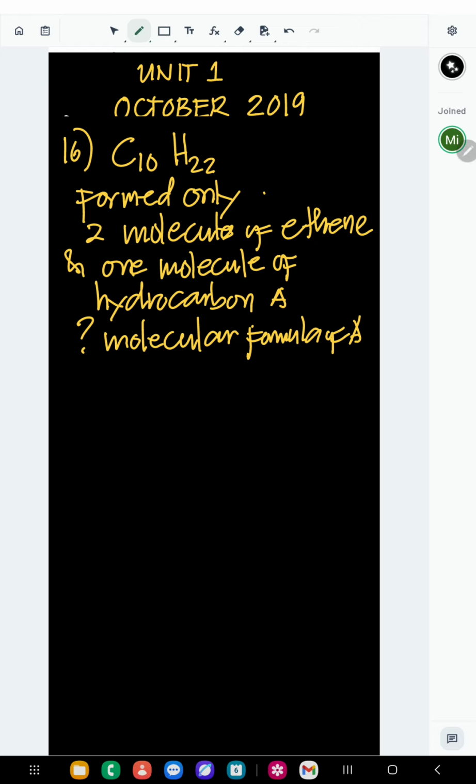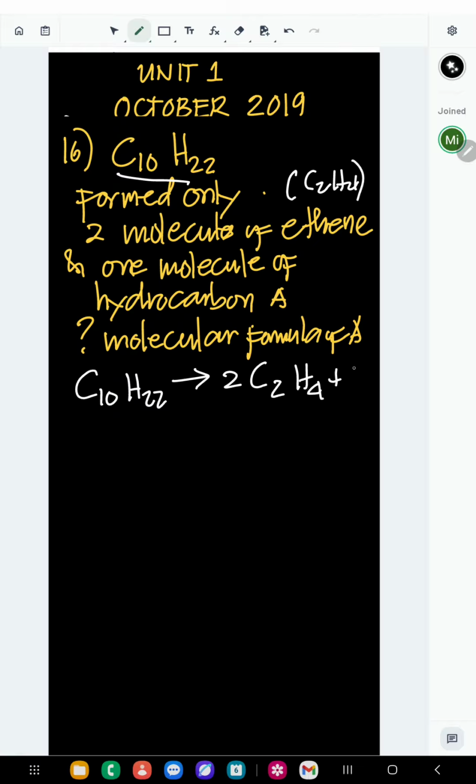Alright, so the original alkane's formula is C10H22, and the products are 2 molecules of ethene. Ethene is C2H4. Then 1 molecule of hydrocarbon A. So we need to write the reaction in general form. So that is C10H22, which formed 2 molecules of ethene and 1 molecule of hydrocarbon A. Now to find the molecular formula of A, we need to count the number of atoms of each of the elements from both sides.